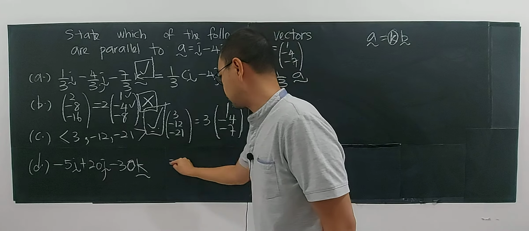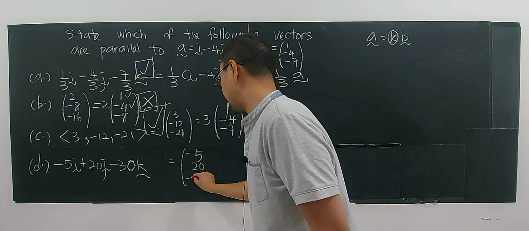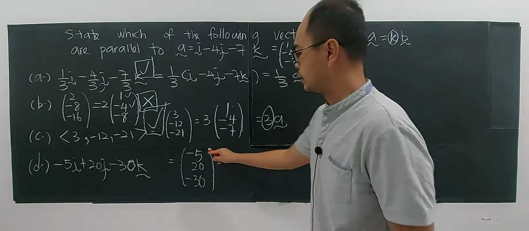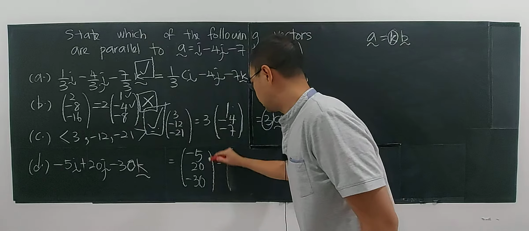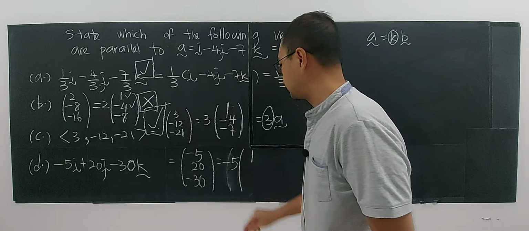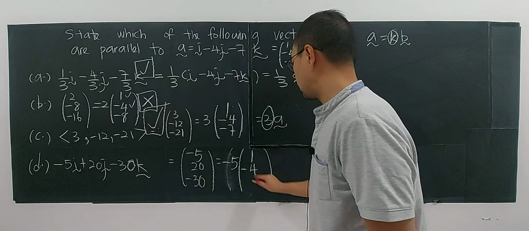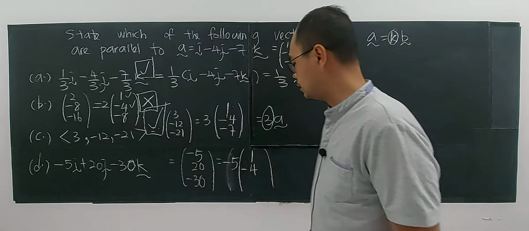I can rewrite this in the form of a column vector if I want. -30. Alright, I just factor out the -5 here. Why? To make it 1 here. So I factor out the scalar -5, and here we have 1. And for this we have -4, because -5 times -4 gives 20.